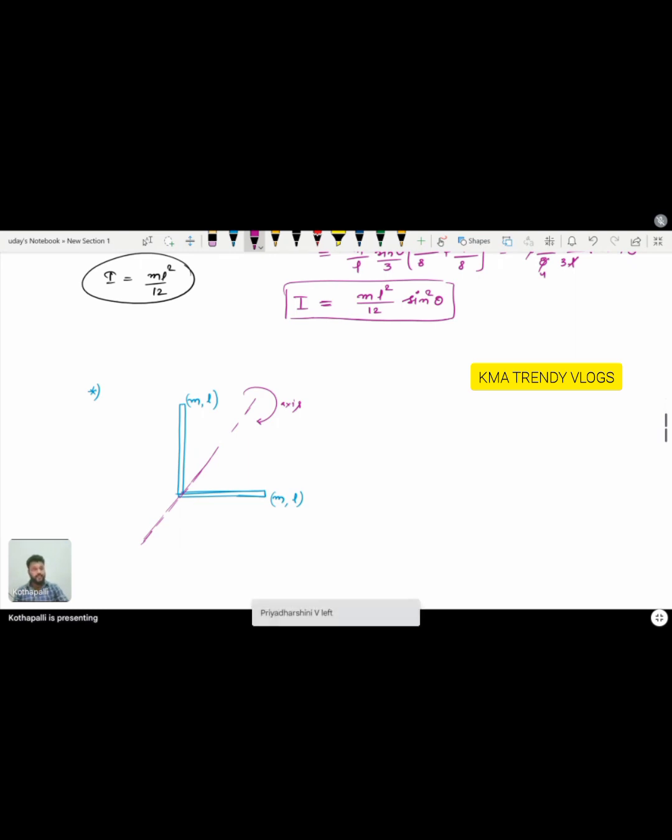If anybody can solve, think. Anybody can tell me the answer?